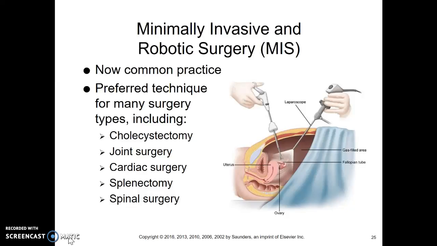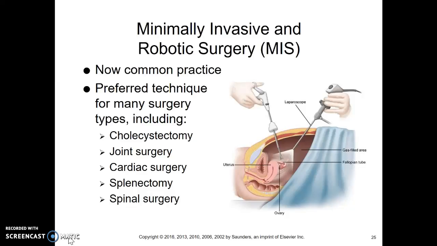Minimally invasive and robotic surgery is now really a common practice. It's a preferred technique for many of the types of surgeries you see listed here. A laparoscope is used to enter the abdomen or in some cases other areas, chest cavities or even joints, but is generally in a cavity.